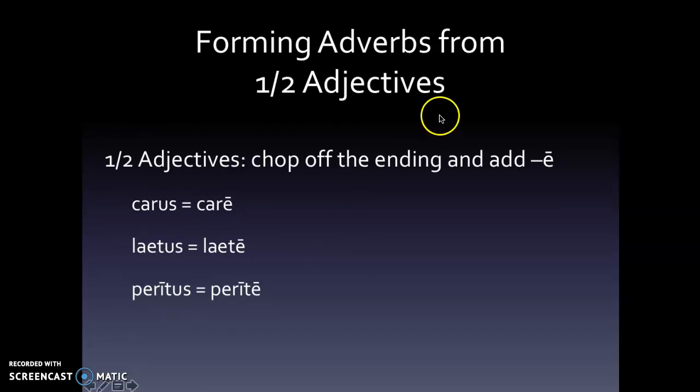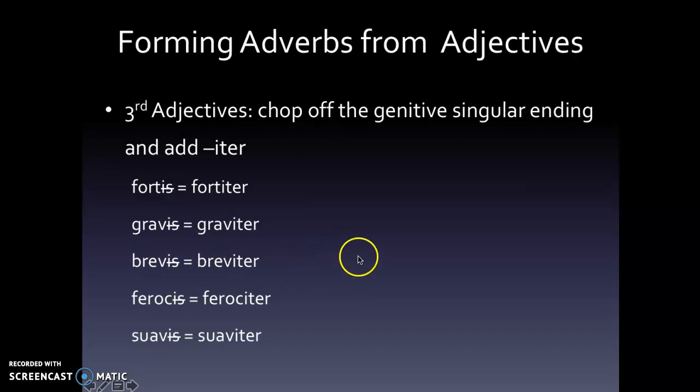Now, you can form adverbs from adjectives. From a 1-2 adjective, you simply take the ending, chop it off, and put an accented E on it. And then you have the adverb form. So happy versus happily. Forming adverbs from third declension adjectives is a little bit more difficult.